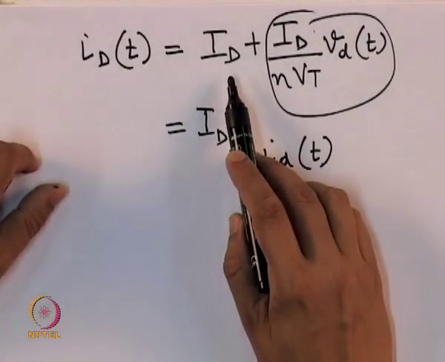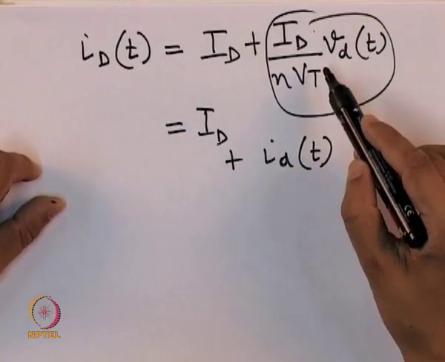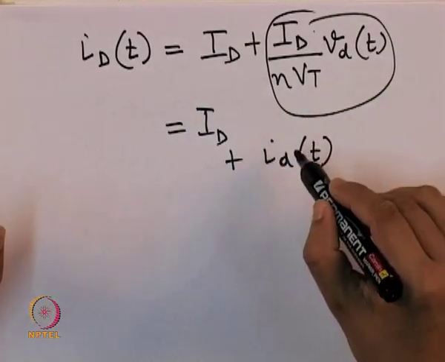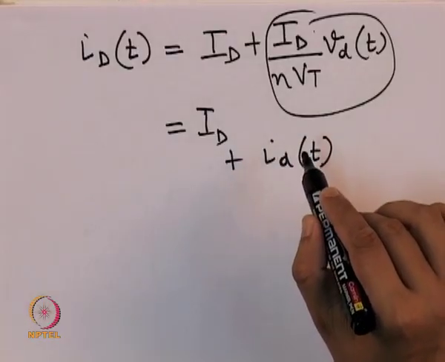So, this is the DC component of the diode current, and this is the AC component which I am representing by small i small d of t.